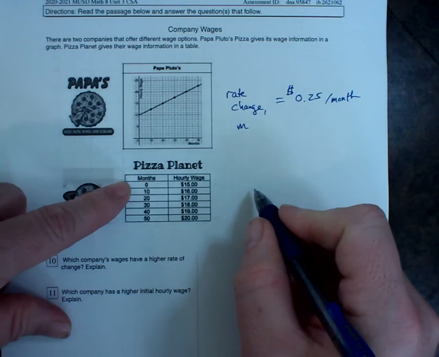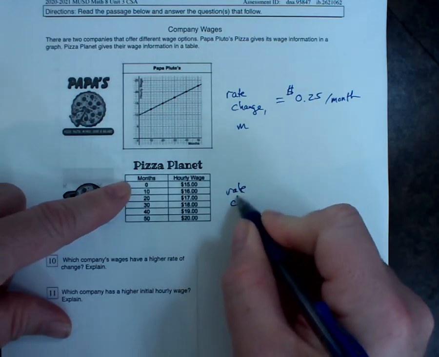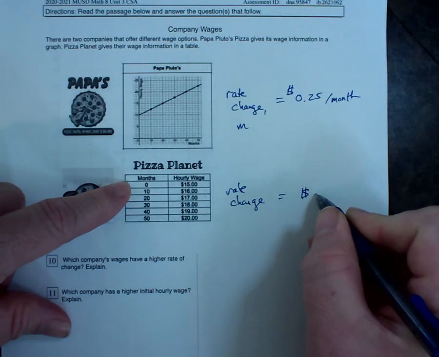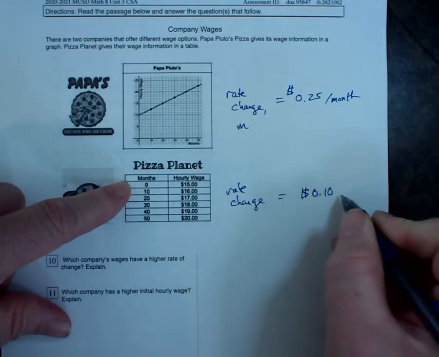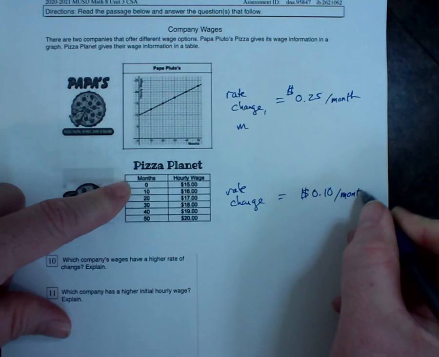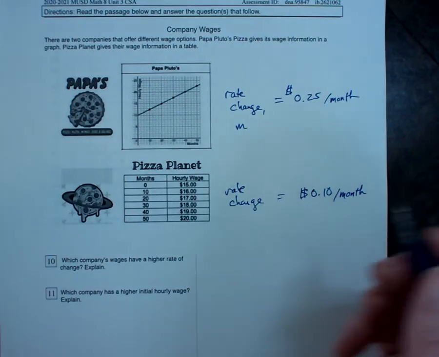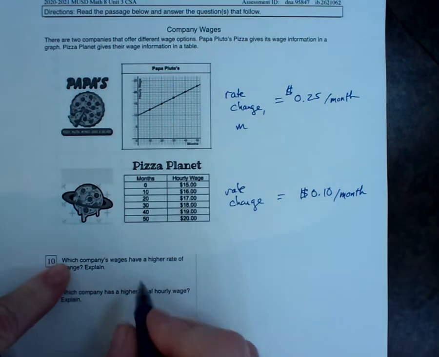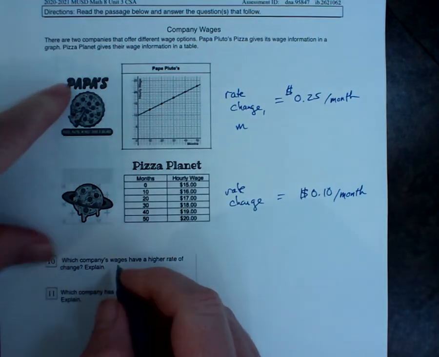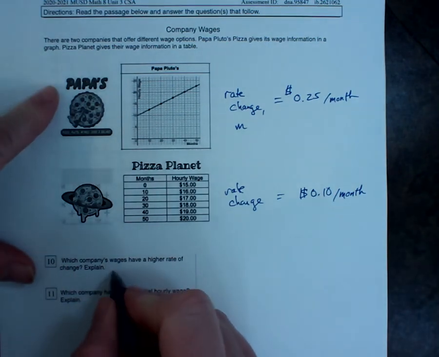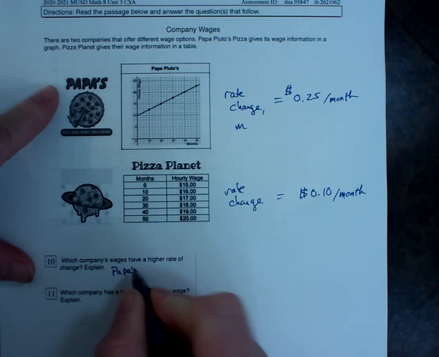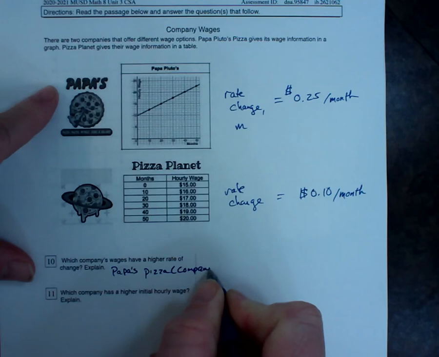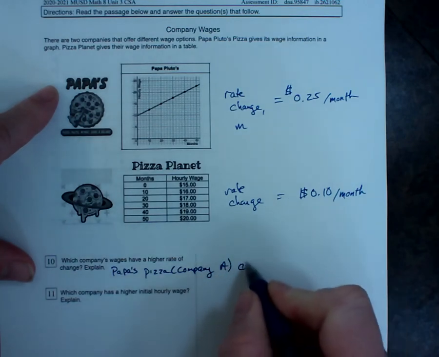And Pizza Planet, the rate of change, was equal to 10 cents per month. So we can see here which company's wages have a higher rate of change. You should have said Papa's Pizza, or Company A.